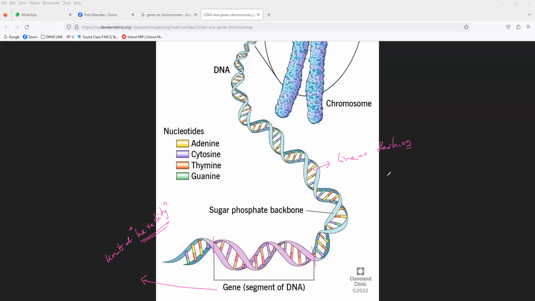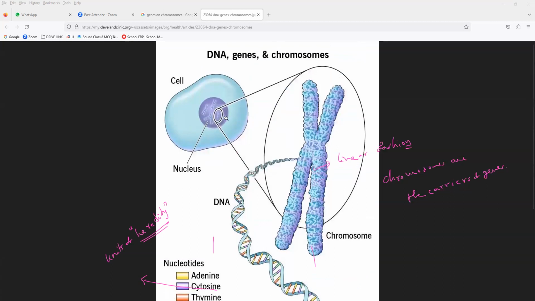That is why we will say chromosomes are the what actually? Carriers of genes. So these are located where, guys? Within the cell nucleus. So inside the nucleus of the cell, they have been located. So that is the location of chromosomes.